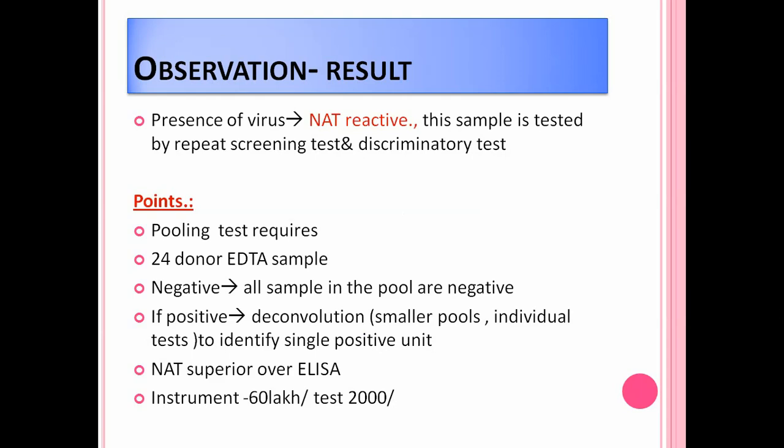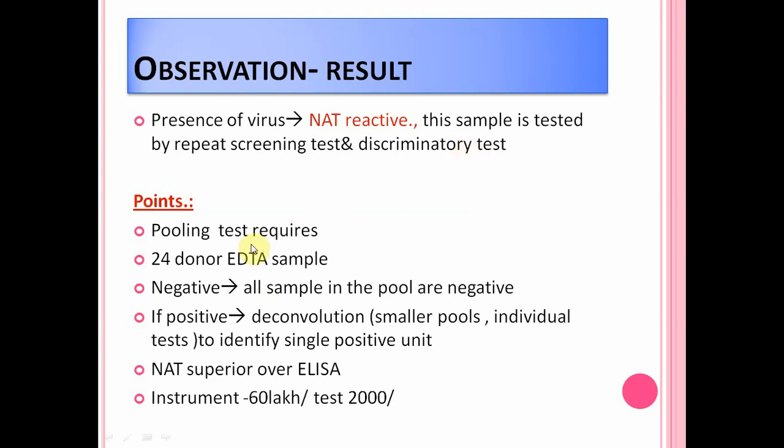Observation: presence of virus indicates NAT reactive. After that the sample may be tested repeatedly again in the pooled specimen. If it gives positive, we have to test individually. That is the discriminatory test. We have to test each individual specimen.